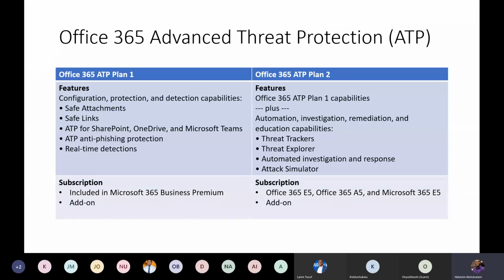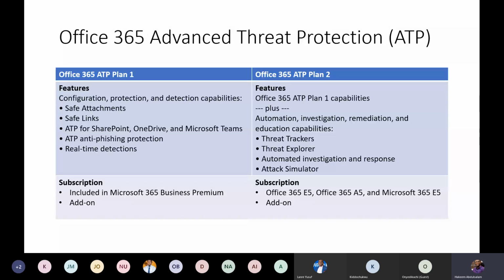So it is very important that these mediums are protected as well. And also one of the features you have is anti-phishing protection, which protects you against spoofing and impersonation, where people try to spoof your domain, or try to carve out an email that looks like a legitimate email. Meanwhile, it is not.